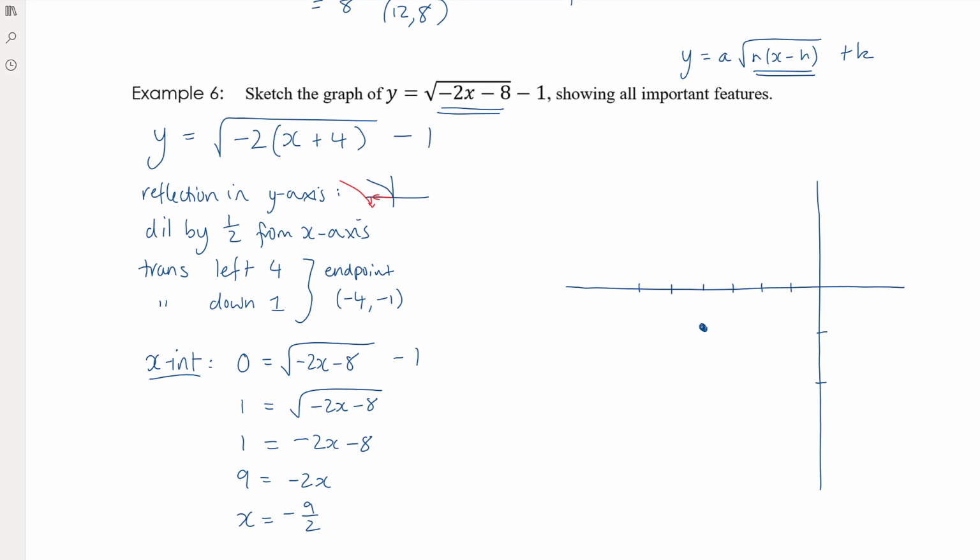So I'm going to mark that there. Negative 4.5 is my x-intercept, so that's going to be there. And so I'm going to draw my square root graph. Labeling my points, minus 9 on 2, 0 for my x-intercept, minus 4, minus 1 for my endpoint. At least 2 points drawn on my graph, all intercepts always marked.